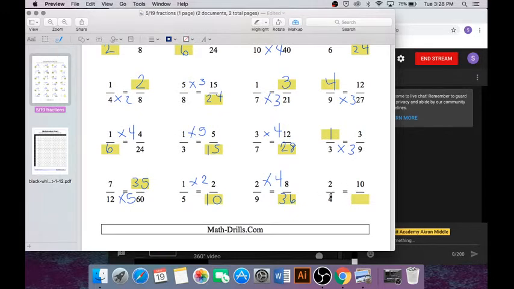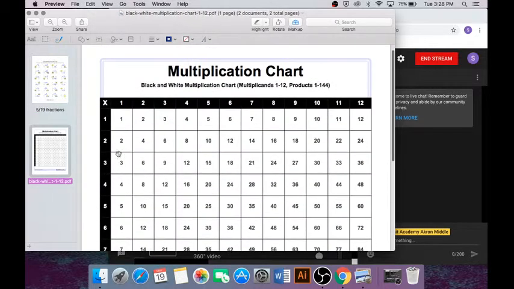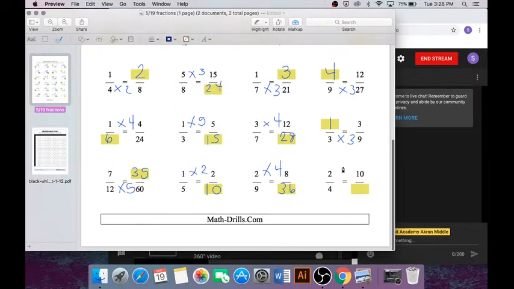Okay, and on our last one, we're going to use our 2 times table to see 2 times what is 10. So 2 times table, right here is 10. And we see 2 times 5 is 10. So we multiplied our top times 5, so now we're going to multiply our bottom times 5.